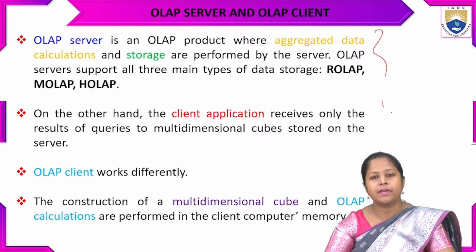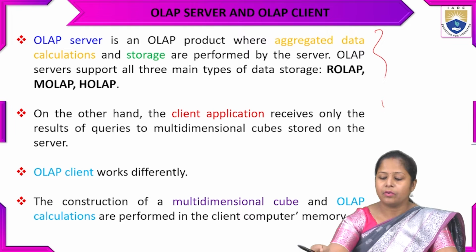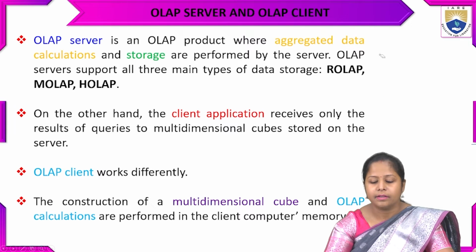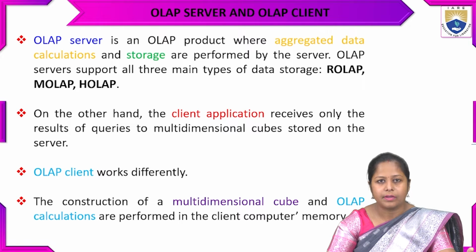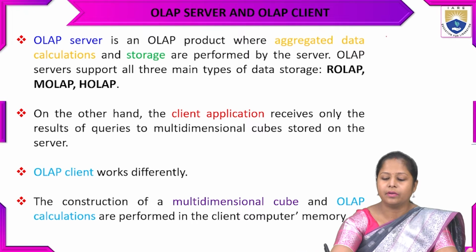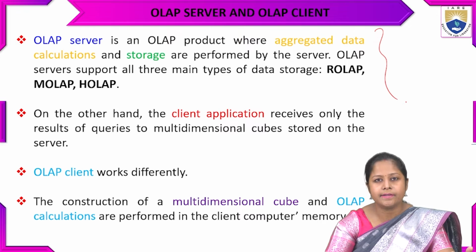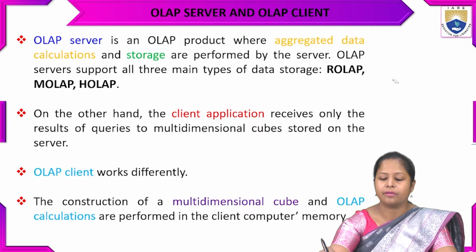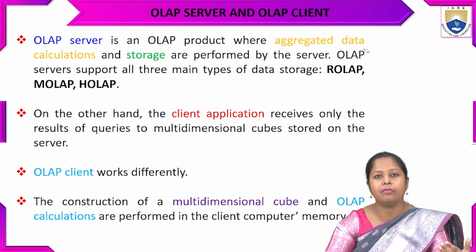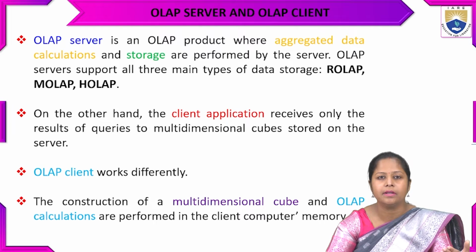The OLAP server is an OLAP product in which the aggregated data calculations and storage are performed. The data warehouse manager and others are going to use the aggregated data analysis, calculations and storage that will be performed by the server. All these calculations and analysis will be done by the server, right?